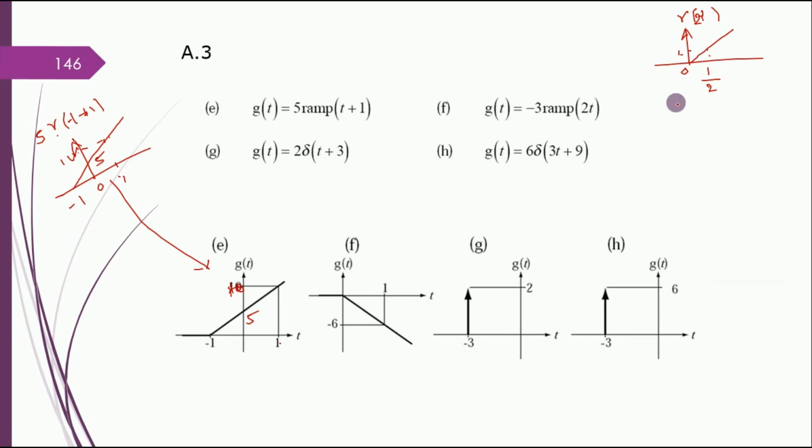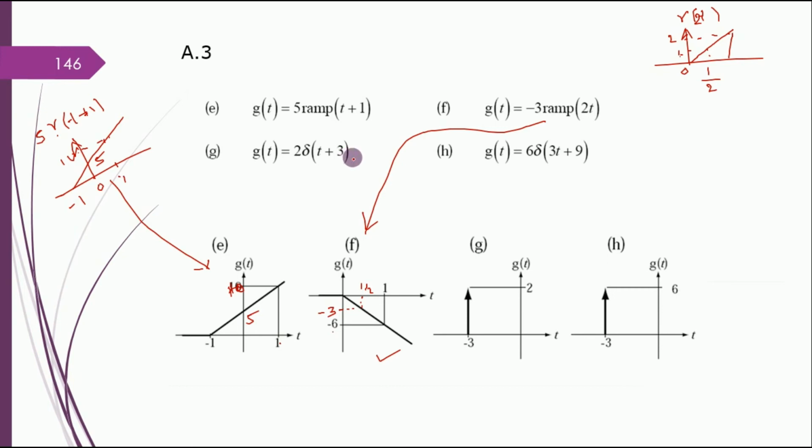If you multiply it by minus 3, at half you get minus 3. And at 1, here you are getting 2, so at 1 you are getting minus 6. 2 into minus 3 is minus 6. This is minus 3 ramp of 2t.